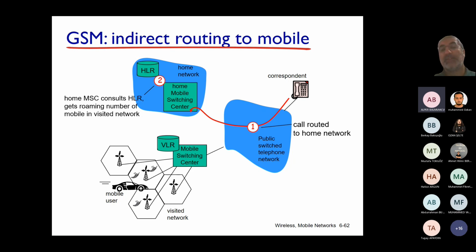It consults this database, the HLR database, to get the roaming number of the mobile in the visited network. Once it gets your roaming number, it is going to set up a second leg of the call to the mobile switching center in the visited network that you are currently in.